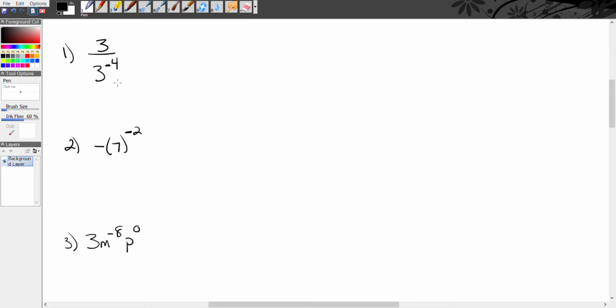One way to view handling these negative exponents is to think about what happens when you take a fraction or a number and find the reciprocal. If I take the fraction 3/4, the reciprocal is 4/3.